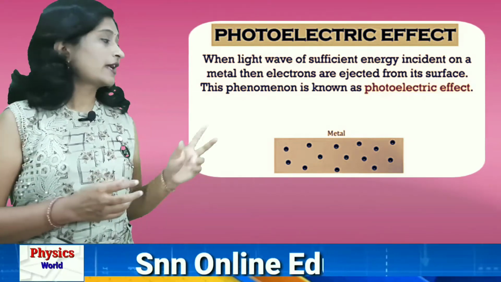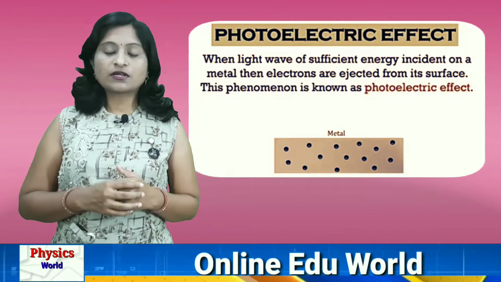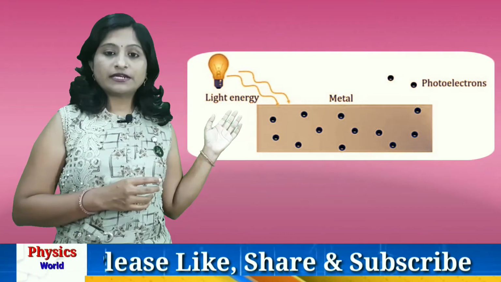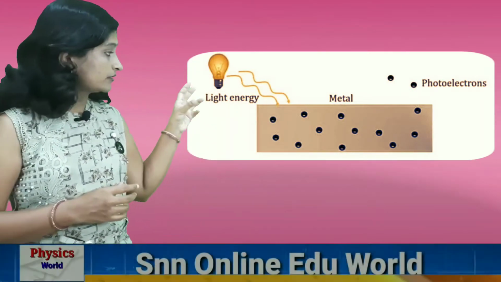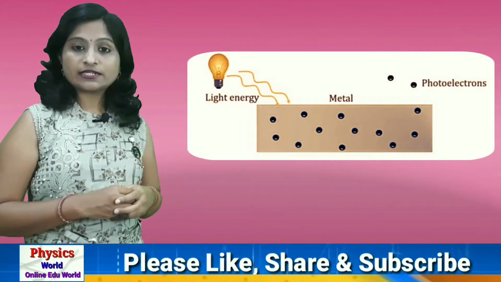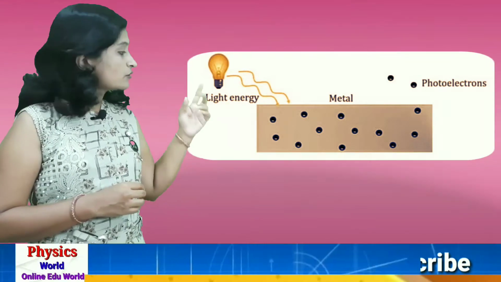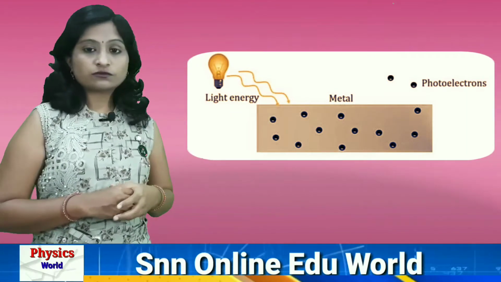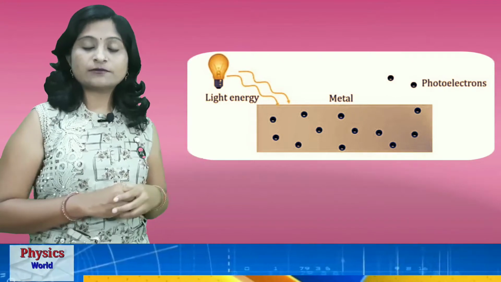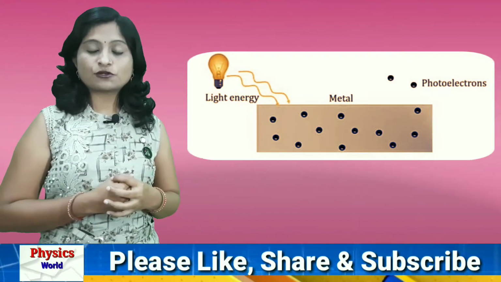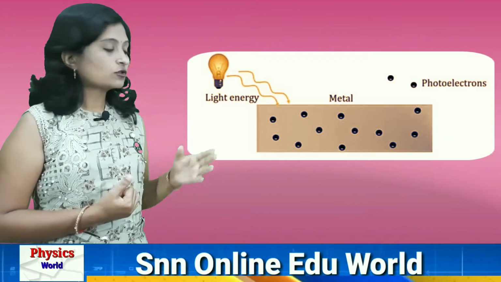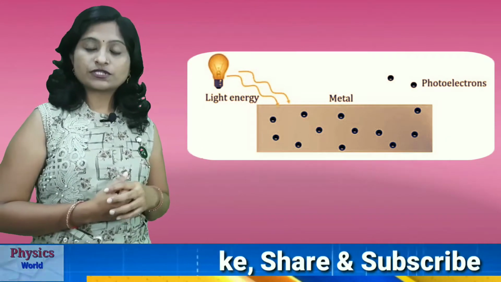Here I have shown a metal surface. Now see the next diagram. Here I have shown the metal surface exposed to light, and the source of light is also shown. Whenever these photons enter towards the surface, the surface atoms absorb the photon energy and electrons become free. These free electrons move outside the surface.